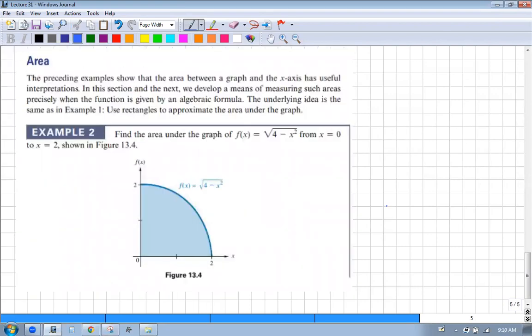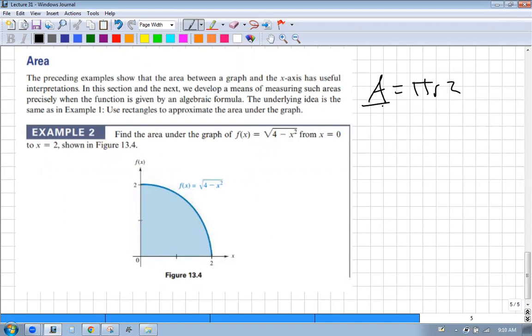All right, the preceding examples show that the area between a graph and the x-axis has useful interpretations. We develop a means of measuring such areas. So let's say we have this thing here. Find the area under the graph. Well, this is a quarter of a circle, right? The area of a circle is pi r squared.